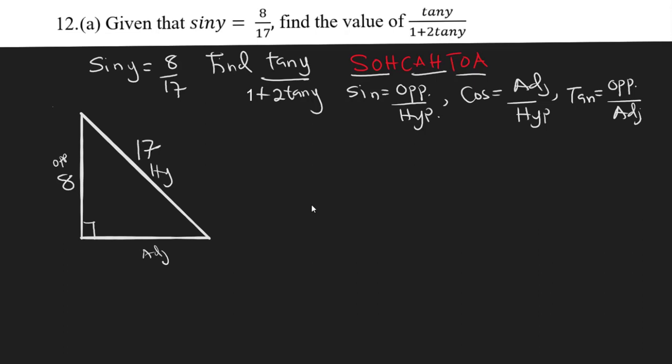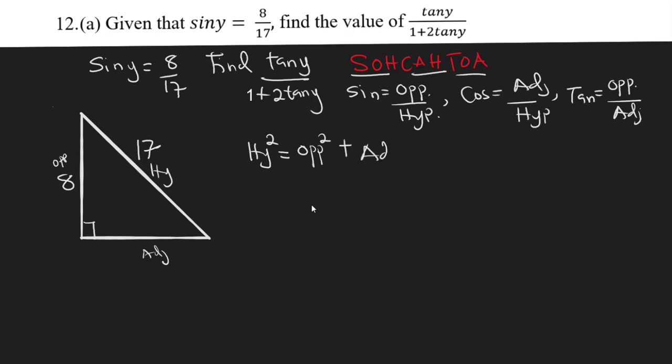Remember the question says find tan y, and tan y is opposite over adjacent. So there's a need for us to find our adjacent. In order to find the adjacent, we have to use the Pythagoras rule. The Pythagoras rule says that the square of the hypotenuse is equal to the square of the opposite plus the square of the adjacent.